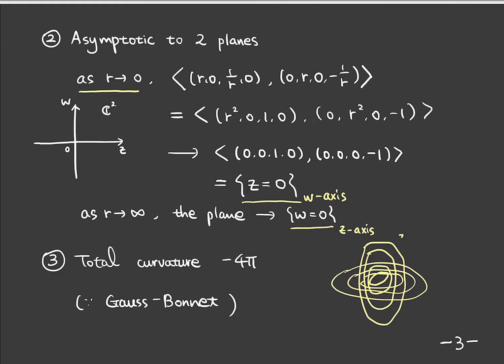Here it is z equals 0 and w equals 0. So it is a doubly connected complete example. And finally, one can see from the Gauss-Bonnet theorem that it has total curvature minus 4 pi.